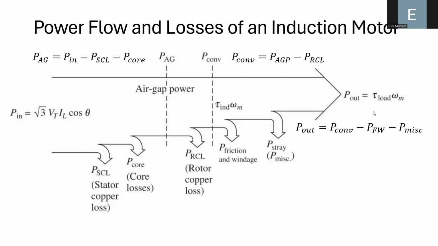And based on this quantity, we can also compute the efficiency, because we can compute the ratio between the output power divided by the input power. That is a measure of the efficiency of this induction motor. So the idea of this video is that we see how we can compute this output power based on the input power and also by considering all the losses that are present in the induction motor.